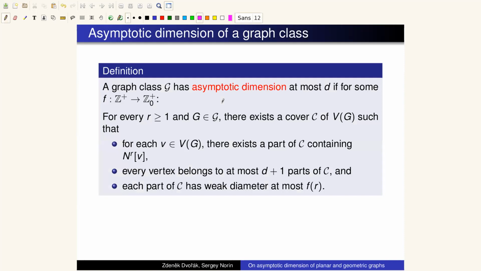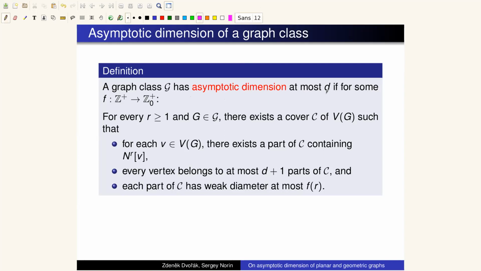So of course, you could either work now with infinite graphs, which I don't do, or you can work with classes of finite graphs. And so we can define the asymptotic dimension of a graph class as follows.